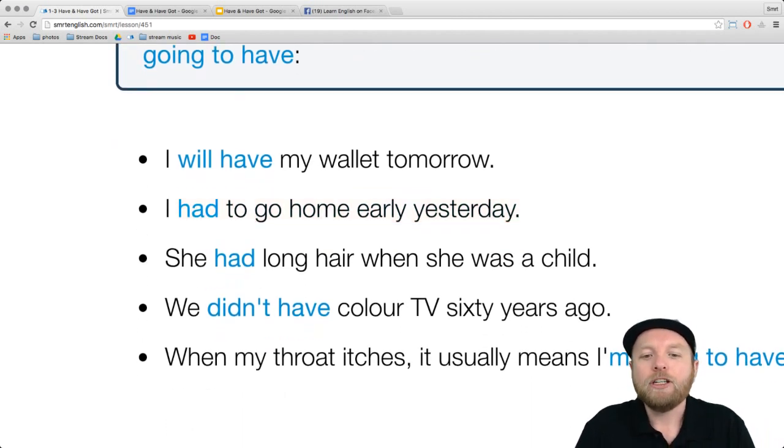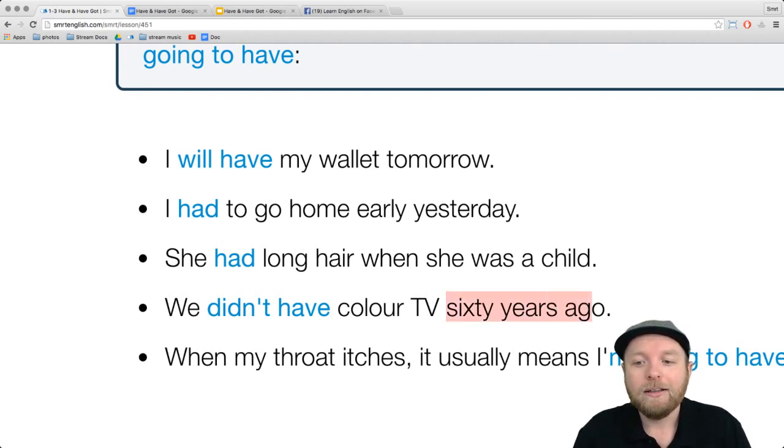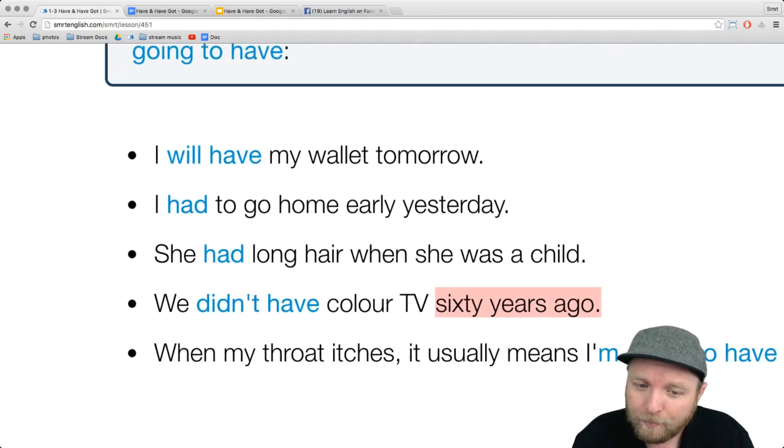She had long hair. Don't say she had got. We didn't have color TV. This is possession. Can you use have got? Yeah, but this is 60 years ago. 60 years ago is past. We can't say have got about the past or the future.